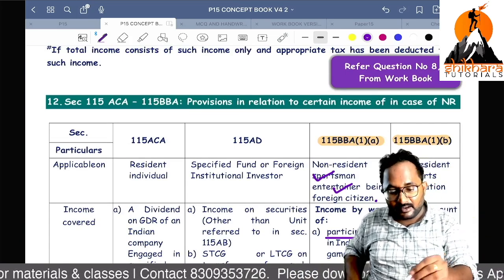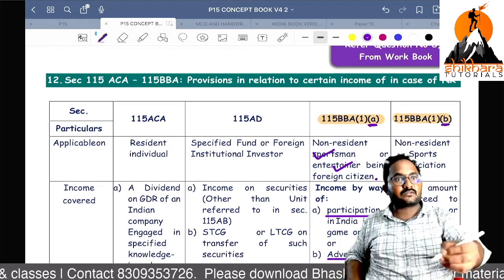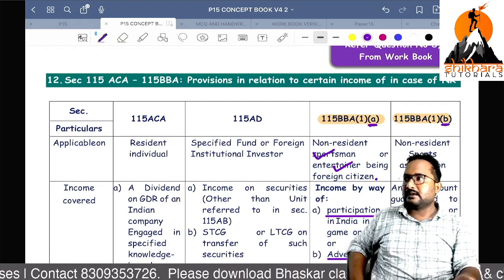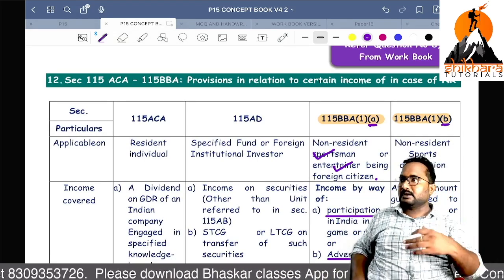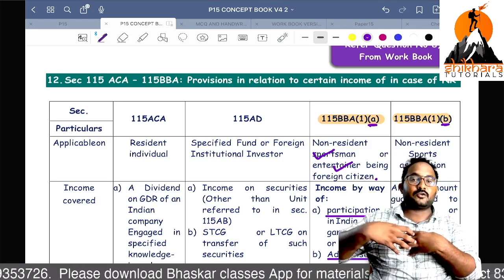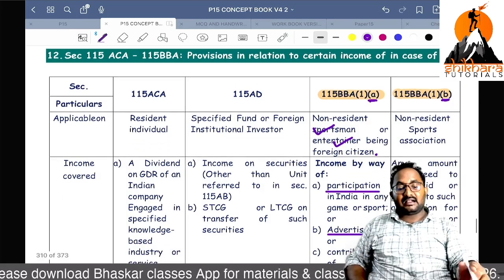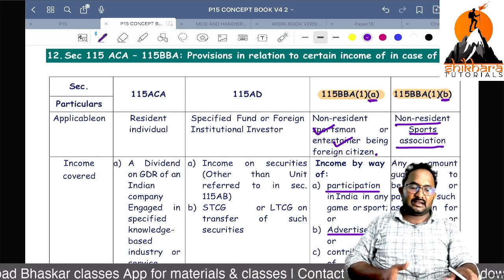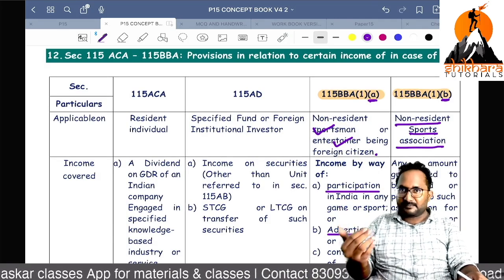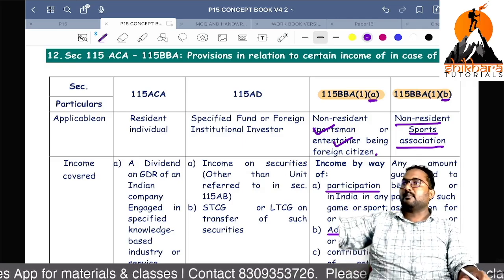Next 1B, ma. It is sports association related. Example, sir, foreign players as a team come to India. Now, our association needs to pay some amount to the foreign association. Now, that income to that non-resident sports association. Example, England cricket players are coming to India for playing one series. Now, the Indian Cricket Board needs to pay some amount to what, ma?